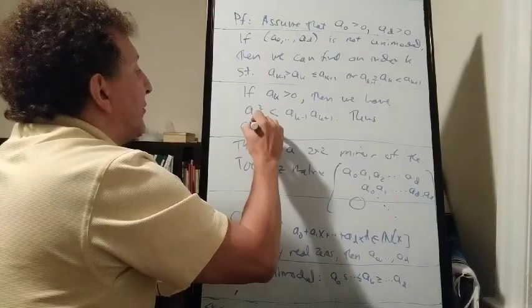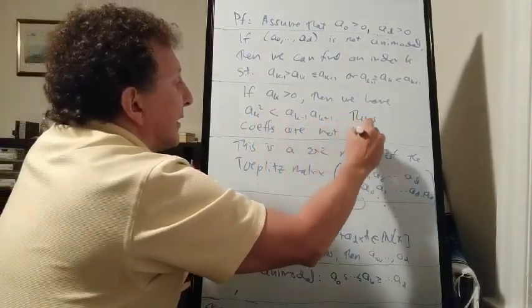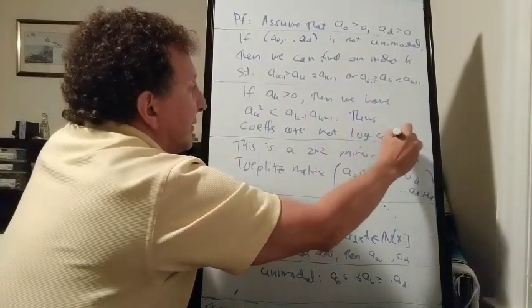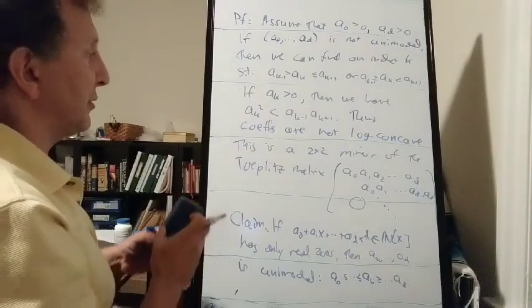So that means that the coefficients are not log concave, and therefore the polynomial does not have only real zeros.